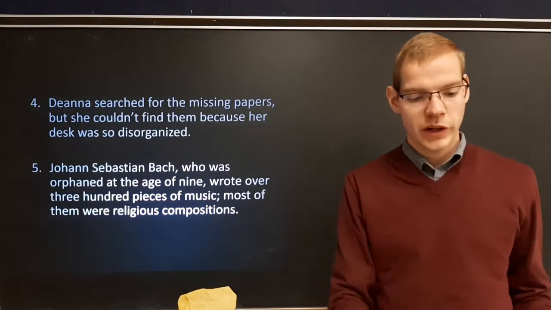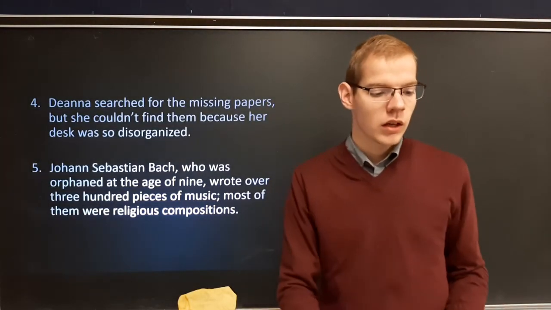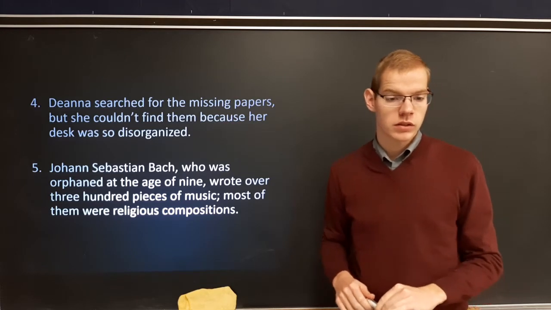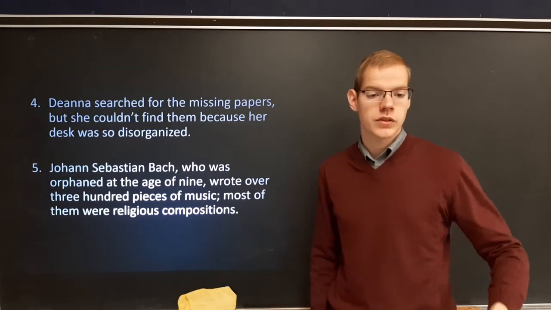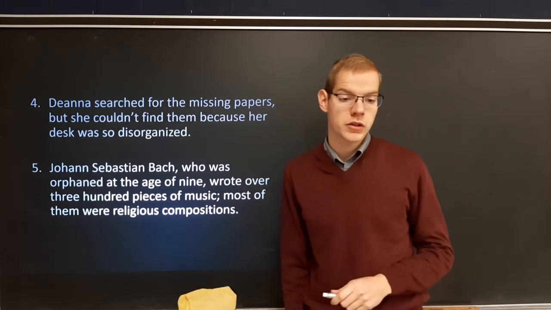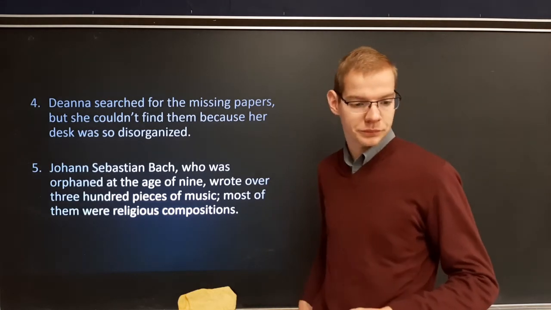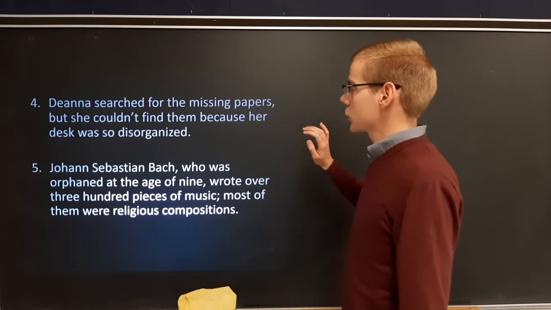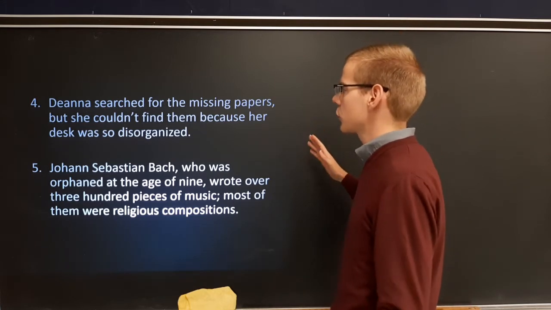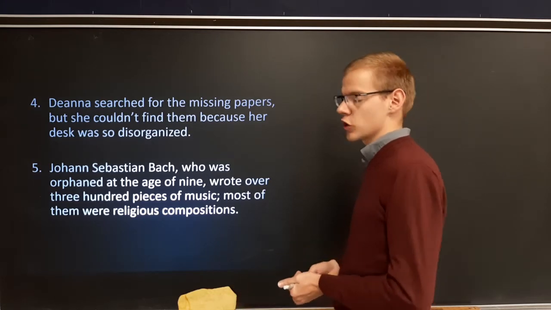Go ahead and do number 3 on your own. Bracket any dependent clauses, underline the independent clauses, and then circle the words or punctuation marks that connect the two. So, Deanna searched for the missing papers, but she couldn't find them because her desk was so disorganized.